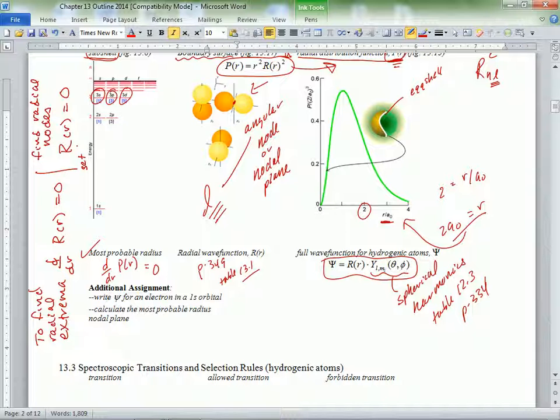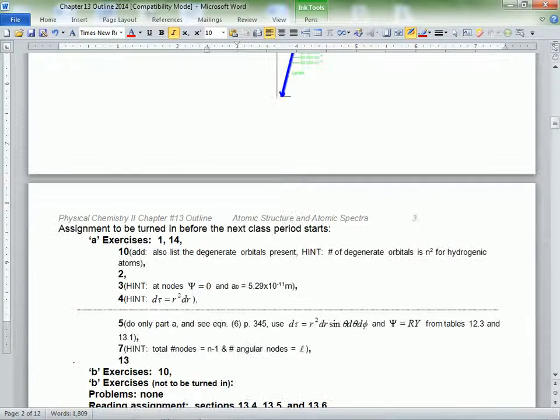Okay. So this is where we are. We're going to stop here, and this is where we're going to pick up on Monday at section 13.3, through, I'm trying to read my notes here, through number 4.